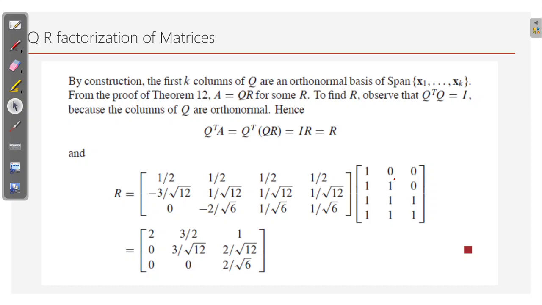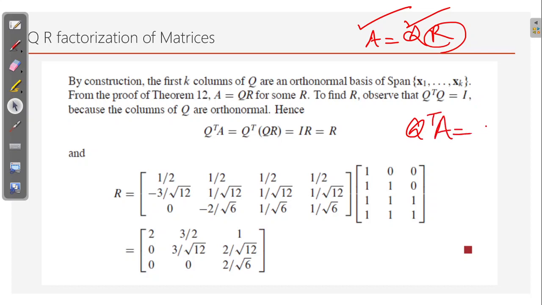Now you have to find out R. You can write A is equal to QR. A is given, and we calculated Q. Now you have to find R. We have this identity: Q transpose into A is equal to Q transpose into QR.